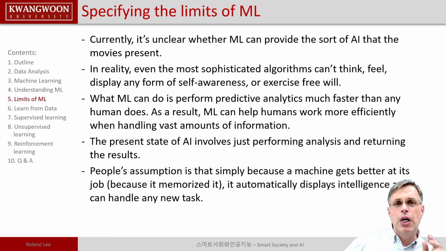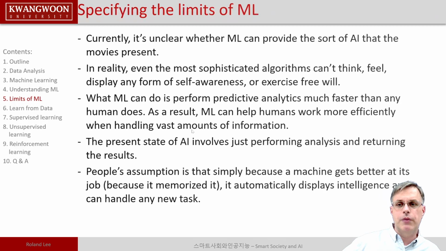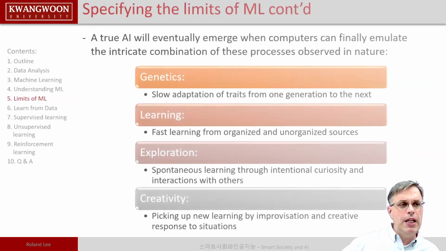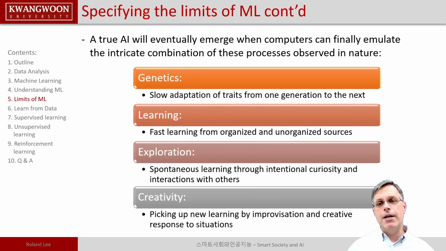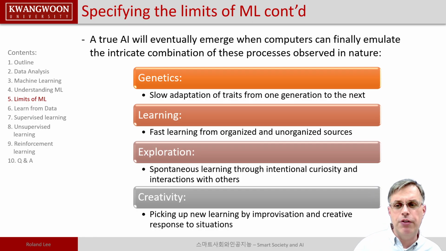A true artificial intelligence will eventually emerge when computers can finally emulate the intricate combination of the following processes observed in nature: genetics, learning, exploration, and creativity. So genetics is a slow adaptation of traits from one generation to the next generation.